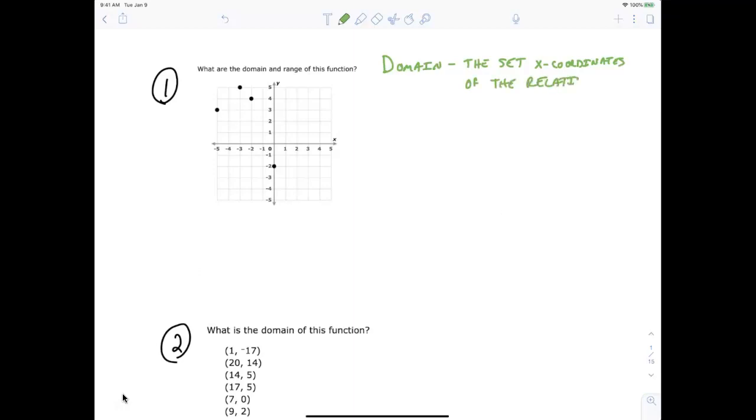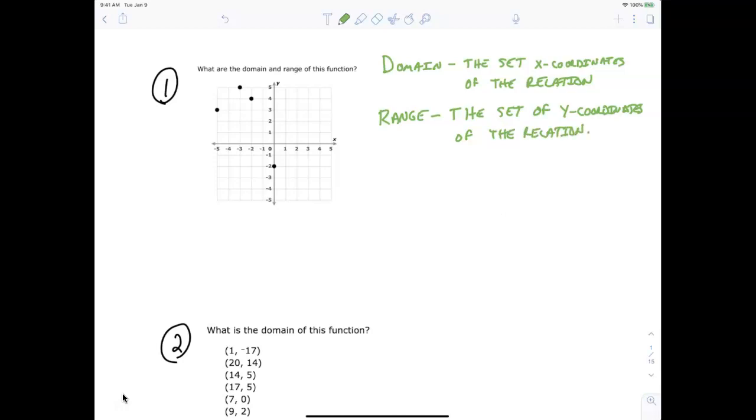Remember, a relation is just a set of ordered pairs. And then the range is the what? The set of y coordinates of the relation. Now, like I said, I think it should be super easy for you.